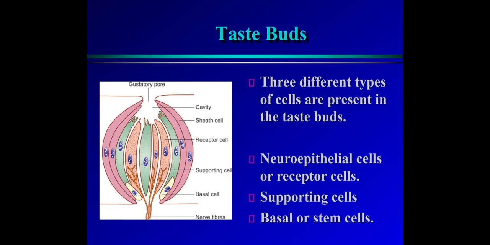These cells are present there. There are three different types of cells present in the taste bud: the neuroepithelial cells, also called the receptor cells, then the supporting cells, and the basal or stem cells. In the picture you can find a number of cells.